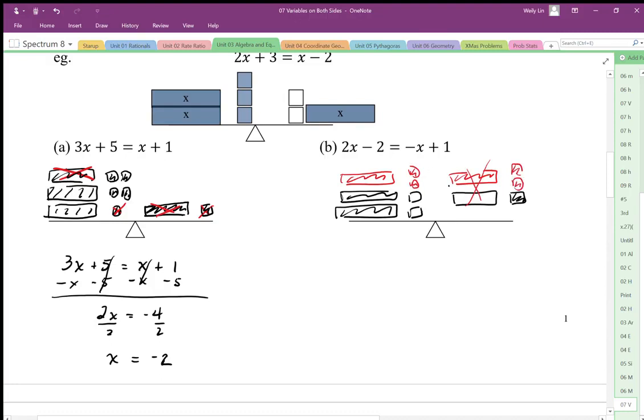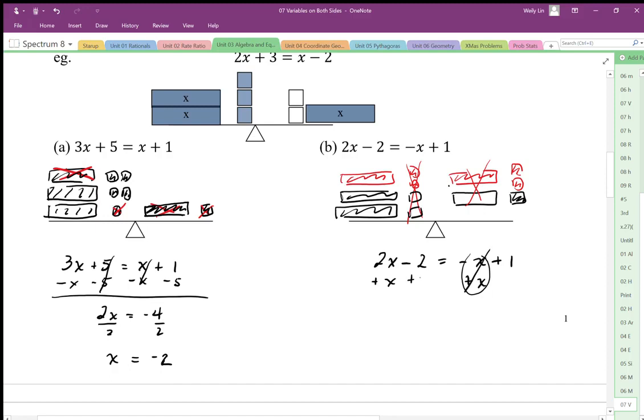We can make 0 pairs here as long as we balance those here. Then we get these canceling out as a 0 pair, and we have 3 x's equals 3 1's, so each x equals 1. So you don't need to solve using the balance, you just need to be able to draw the balance. You need to be able to show me the steps when we actually solve this algebraically. So I'm going to add an x to both sides to make a 0 pair there.